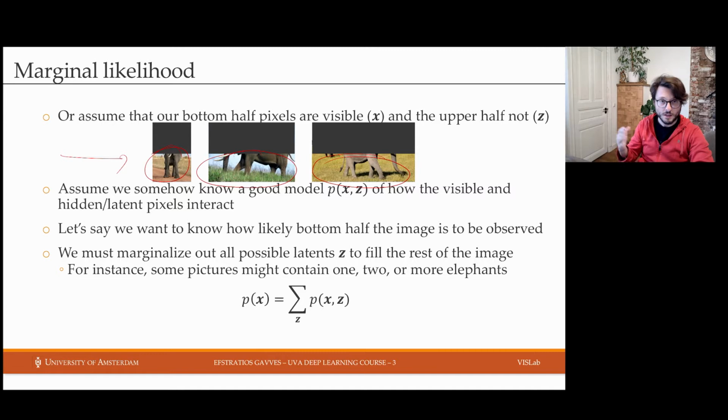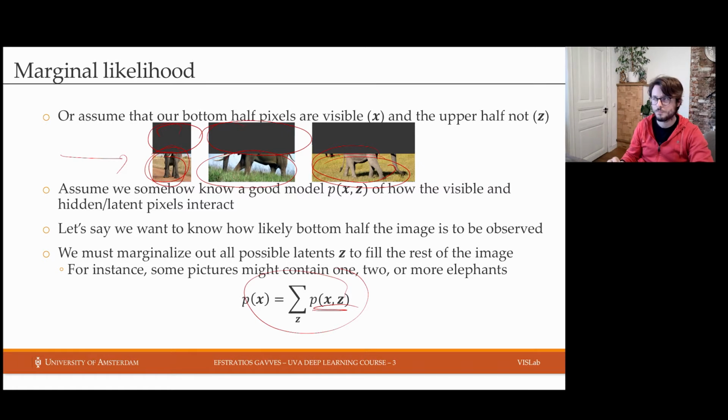To do that, we again have to marginalize out over all possible latent pixels. So basically this means we have to take into account all the possible upper half pictures that could take place, and sum up their respective joint likelihoods jointly with the visible pixels. By doing the summation, we can get an idea of how likely it is to obtain each of these bottom halves of the pictures.